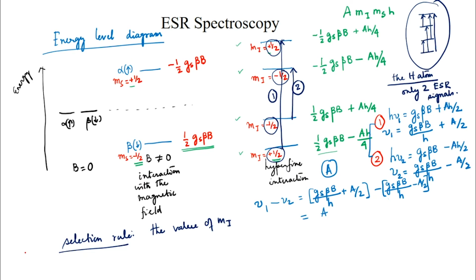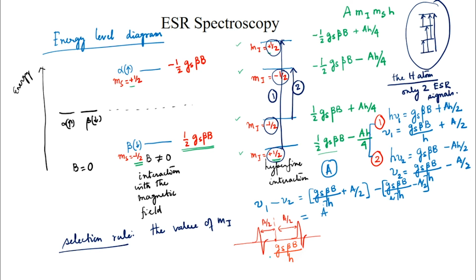So, what does this mean in terms of a spectrum? Let us say this was my energy G s beta b divided by h, and because ESR is shown as first derivative plots, or the first derivative of the peaks, we will have one peak here and another peak here, such that this difference is A by 2 and this difference is also A by 2.